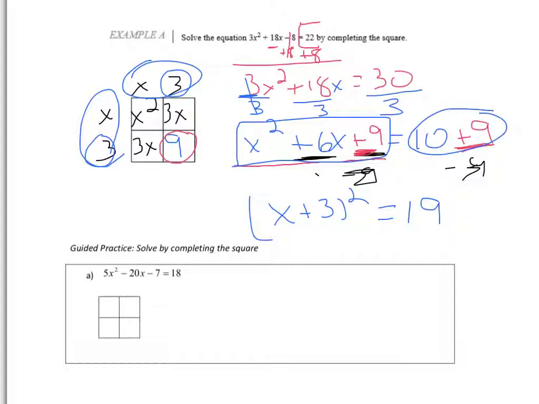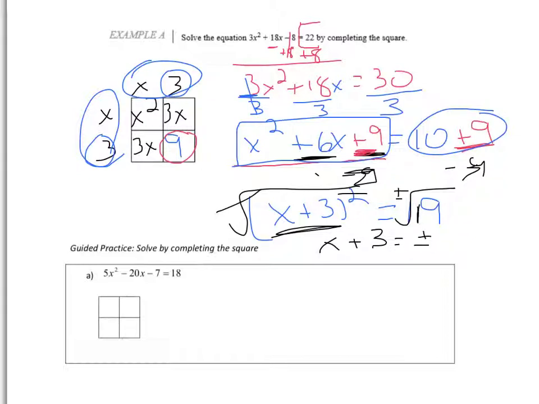We have a square on this side, and I can just square root to cancel that out. A square root on the other side, I get plus minus. So I get x plus 3 equals positive negative square root of 19, and then I subtract 3 from both sides, and I get x equals negative 3 plus or minus square root of 19.